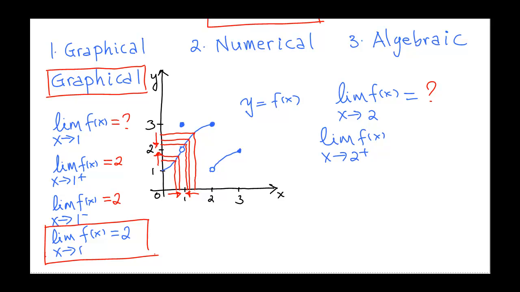So for this, for example, when x is here, the corresponding value of y is here, and when x gets closer to 2, it approaches 1 from the upper side. So therefore this is 1.